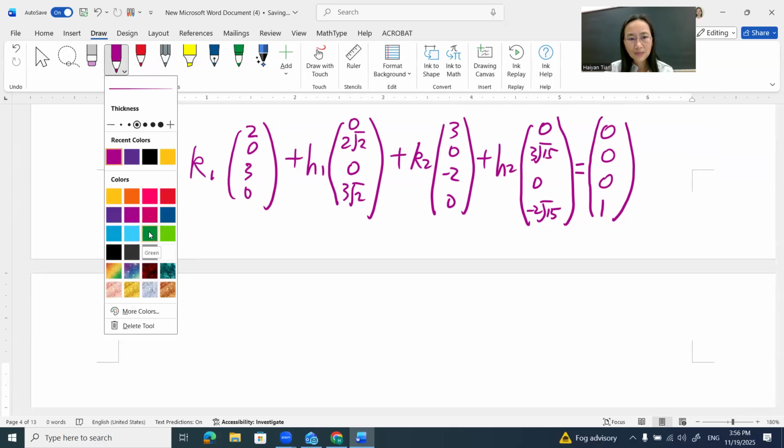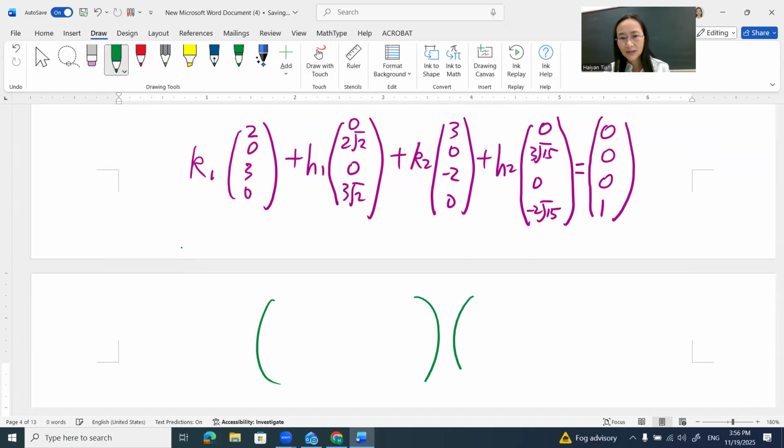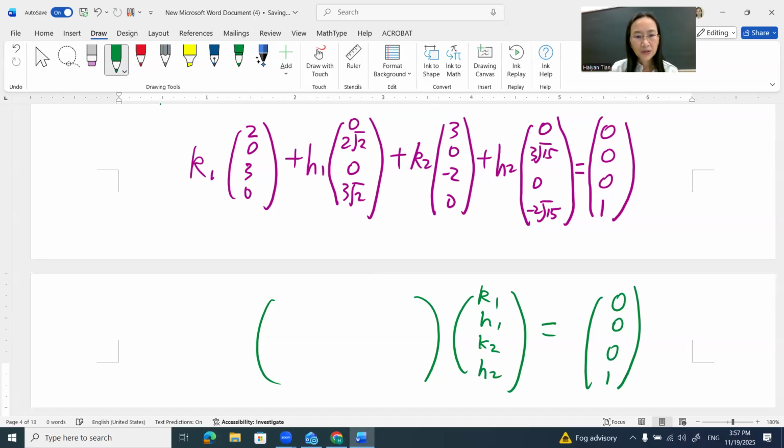So this system is the same as, let's write this as a linear system. K1, H1, K2, H2 will satisfy this system, with the first column of the matrix being that vector, the second column being this, the third column, and the fourth column.